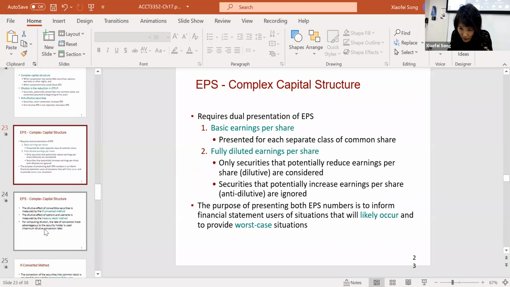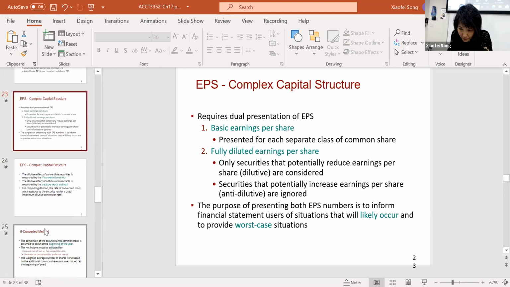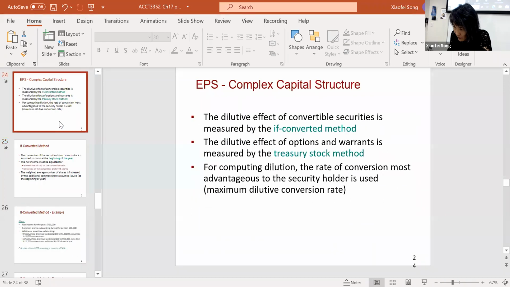Before we look at the example, let's talk about the methods. As we said, there are two classes of potentially dilutive securities. One group is all the convertibles, and the method we use is called the if-converted method.